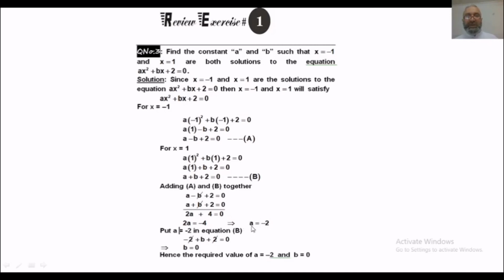Now one value is known, a is equal to minus 2. Thus put a is equal to minus 2 in either equation A or B, and we will get the value of b.